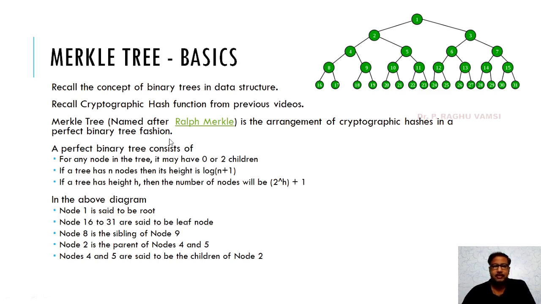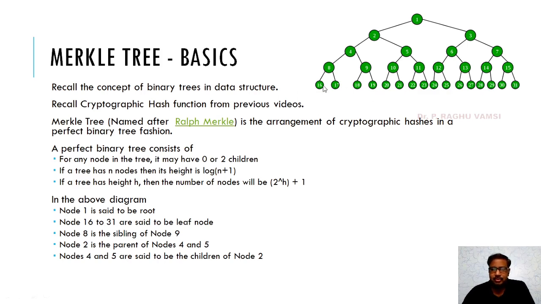So what is this perfect binary tree? In a perfect binary tree, for any node in the tree, whatever node you take, the node may have 0 or 2 children. For example, 16, 17, 18, 19, up to 31, these are the nodes.